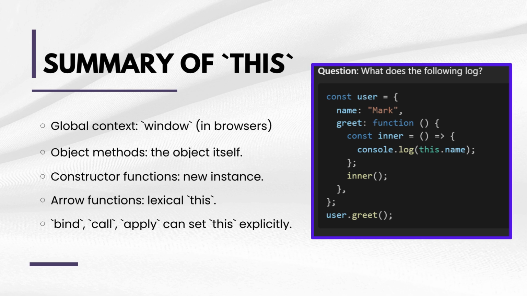Then we call the inner function, that means the arrow function inside the create function. Then we access the create function. So tell me what the output will be. Have a look at the code and tell me the output in the comments.